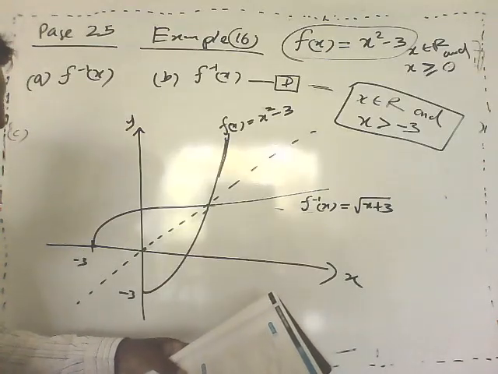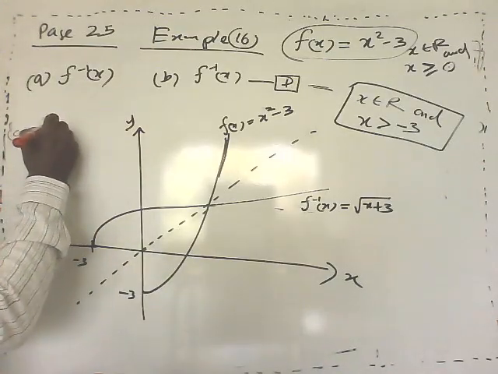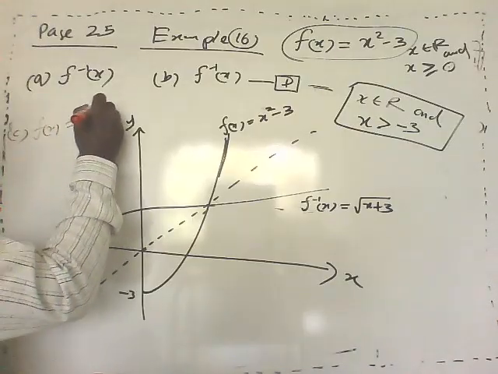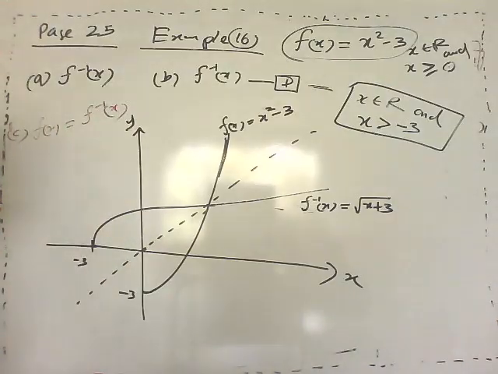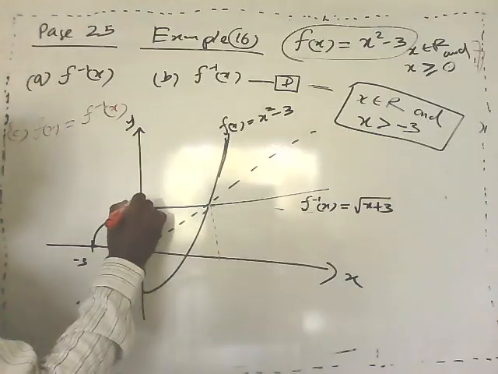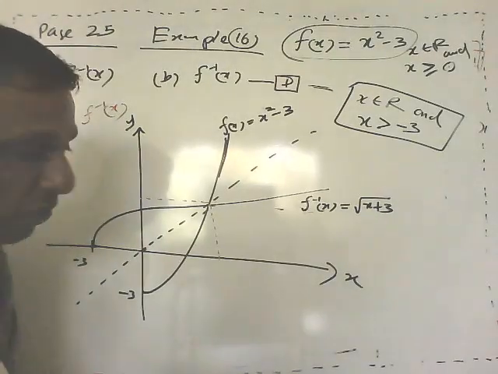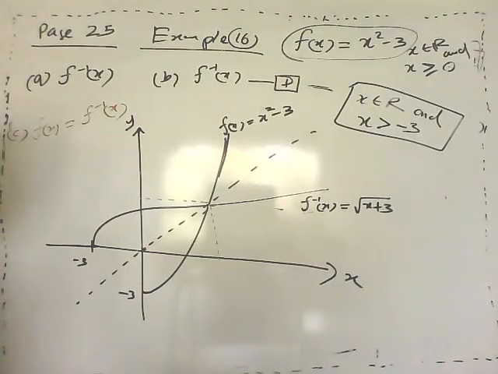Part C, the solutions of f x equal f inverse x. Actually now here the solutions are here. This is the only place where it is intersected, so there should be only one solution. And actually there are several methods.